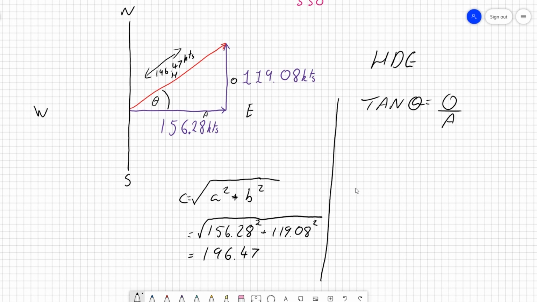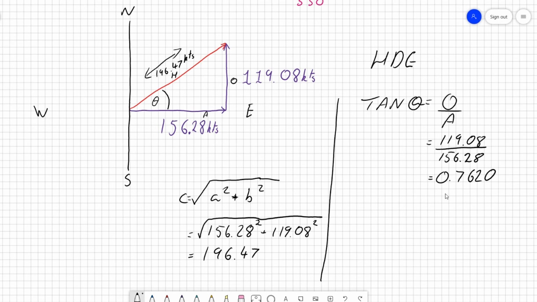Again, hypotenuse would be up there. So from there, tan theta is going to equal 119.08 over 156.28. That worked out before as 0.7620 with a little bit of rounding in there.